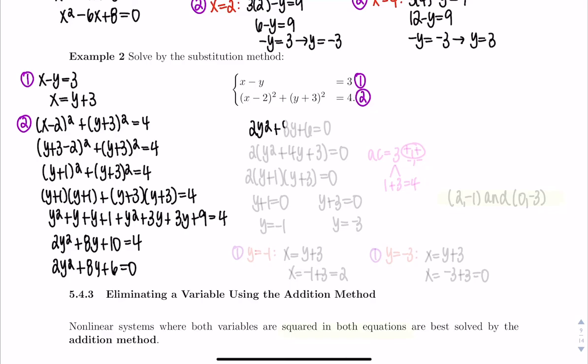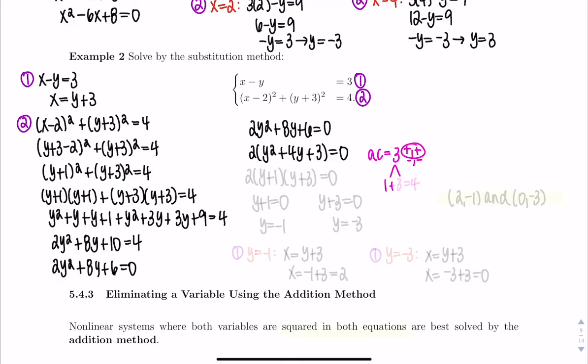So we can factor this. The first thing you always start with is the GCF, which in this case is 2. So we can pull a 2 out. We're left with y squared plus 4y plus 3 equals 0. We're going to do AC, which is 3. And we got 2 pluses.